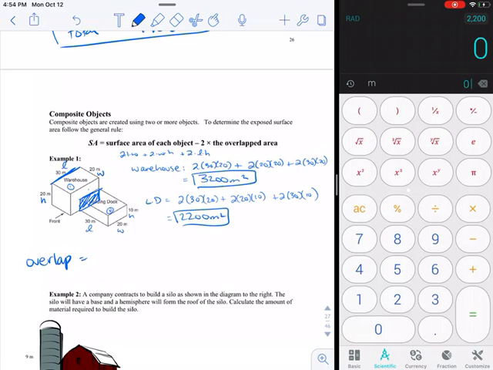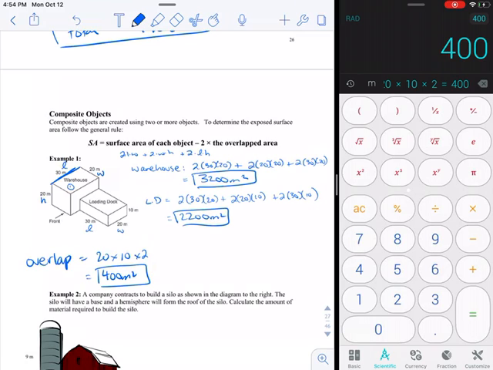So the overlap is going to be the same as this front face. Okay, so it's going to be 20 times 10. And then because these two shapes meet together, we need to multiply that by 2. So the overlap is 20 times 10 times 2. That gives us 400 meters squared.